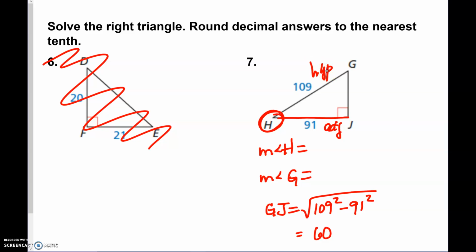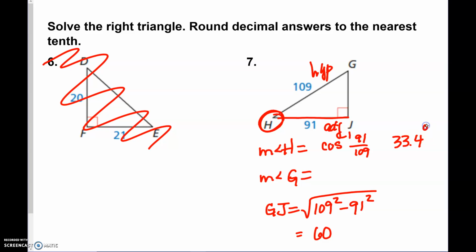So what ratio is that when we have adjacent and hypotenuse? So I'm going to set up the inverse cosine of adjacent over hypotenuse. So inverse cosine, 91 divided by 109, and I got 33.4 degrees.